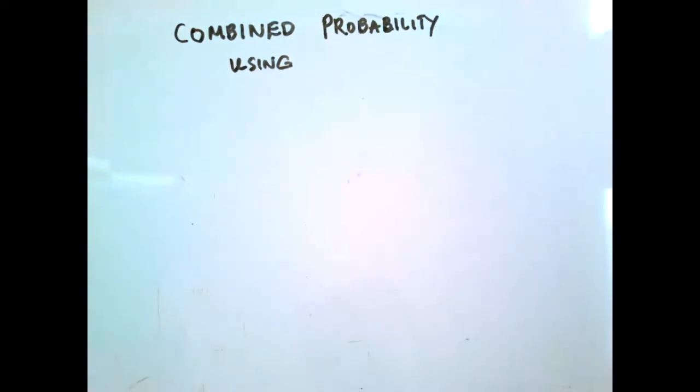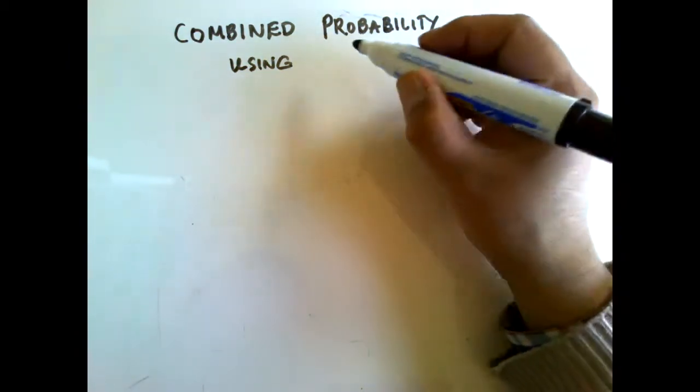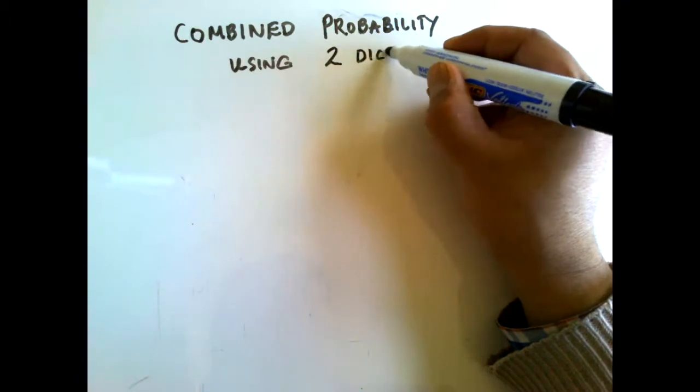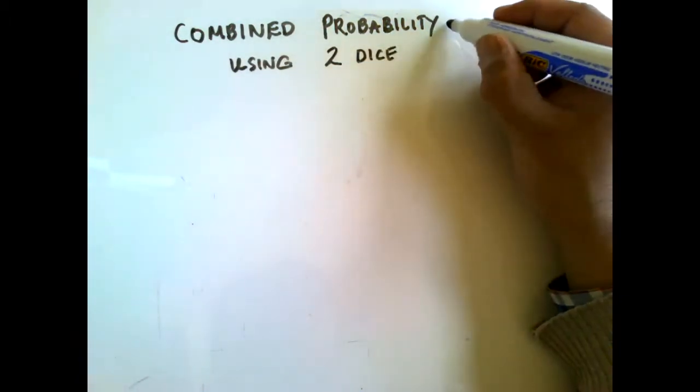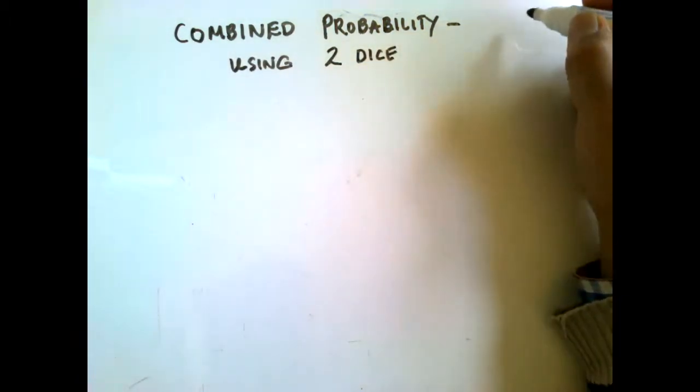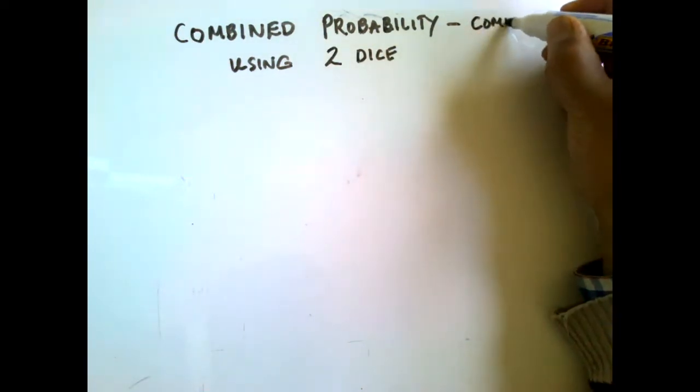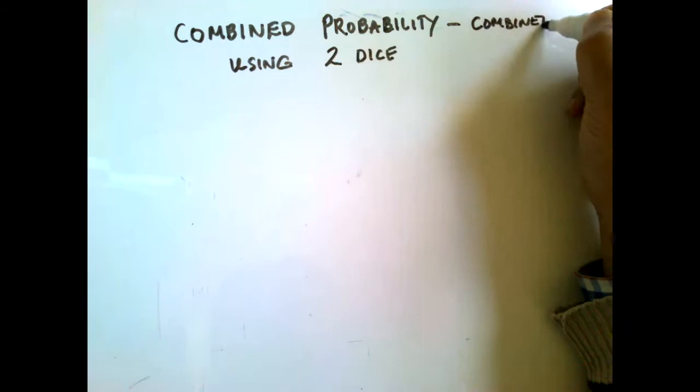In the previous lesson, we spoke about combined probability using one die, and today we're going to use two dice. The other title in most textbooks on combined probability is combined events.